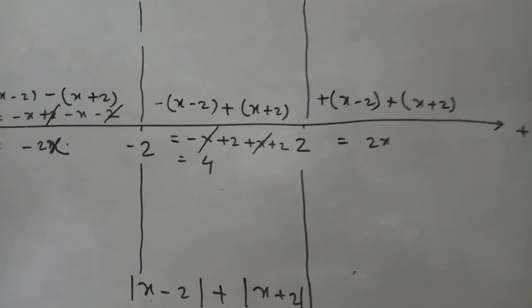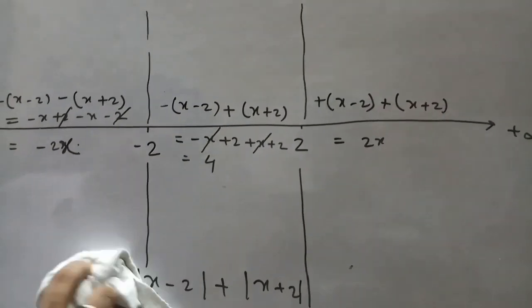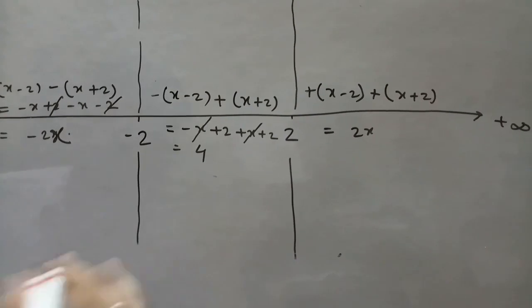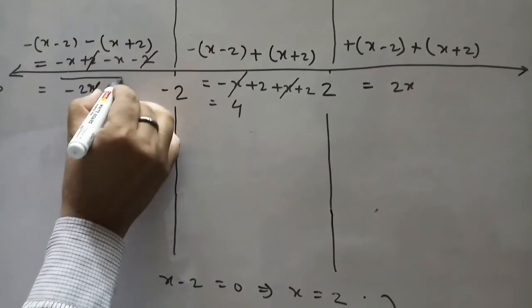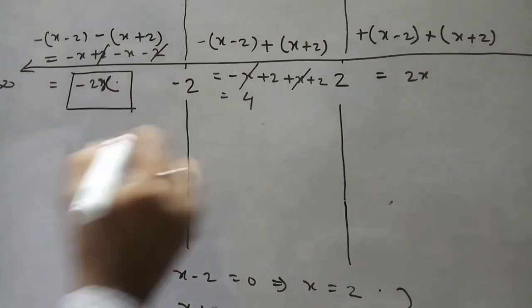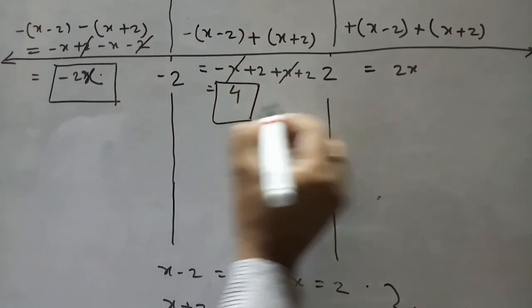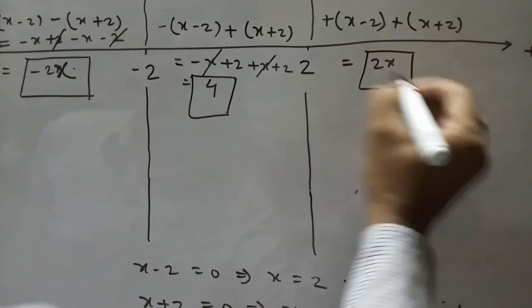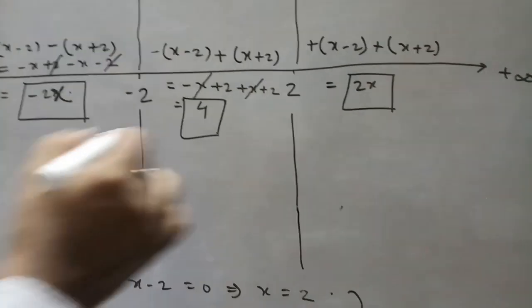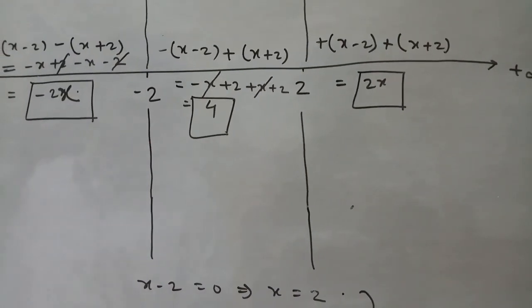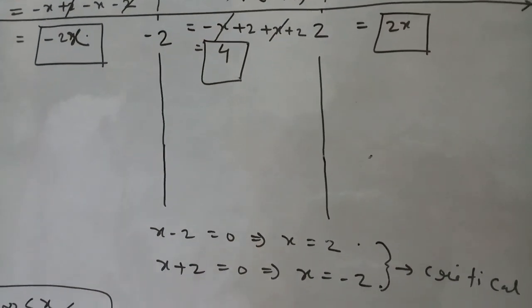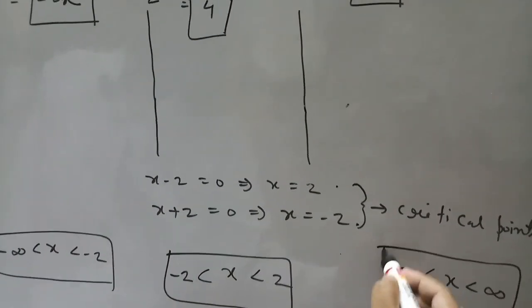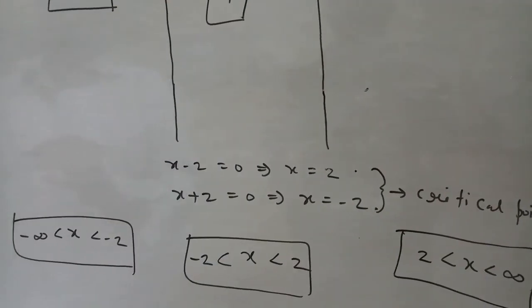So these are the 3 values of the function in these intervals: minus 2x, 4, and 2x.